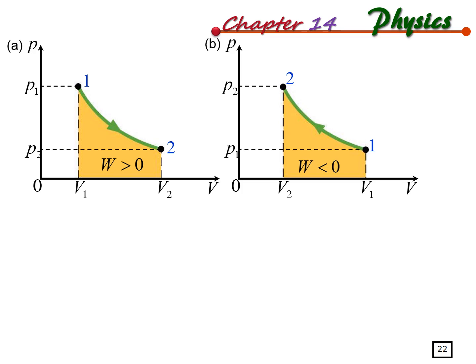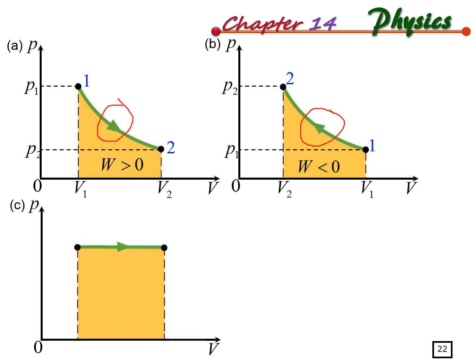This arrow that shows the change of the gas or system from state 1, the initial, to the final state is very important. For example, graph A is expansion, graph B is compression. So we refer to the direction of the arrow to tell whether there is expansion or compression.